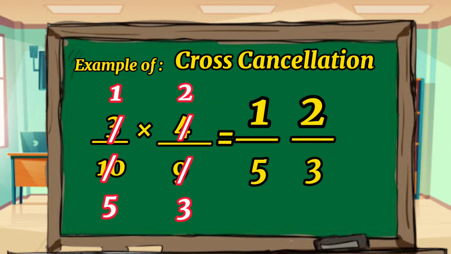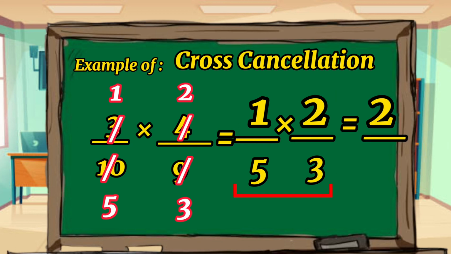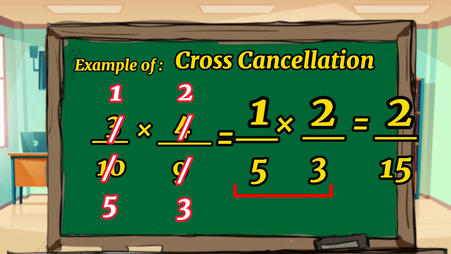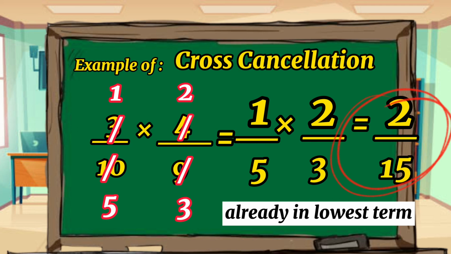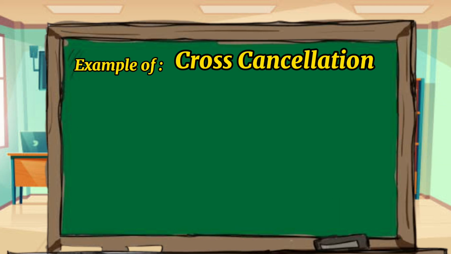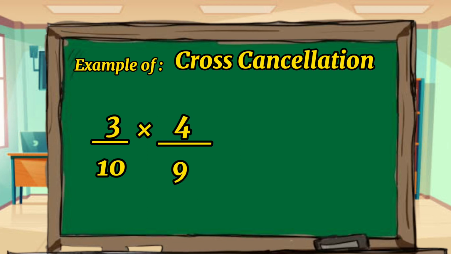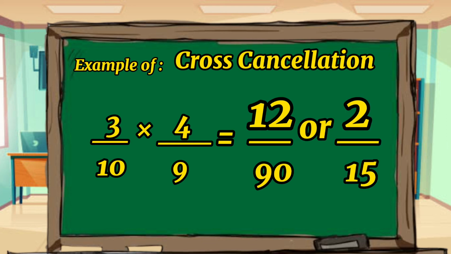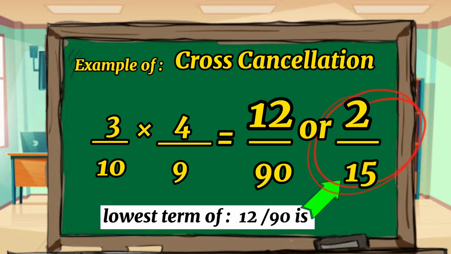So, let's multiply 1/5 times 2/3. 1 times 2 equals 2. 5 times 3 equals 15. 2 over 15 is already simplified or in lowest term. Therefore, 3 over 10 times 4 over 9 equals 12 over 90 or 2 over 15. 2 over 15 is the lowest term of 12 over 90.